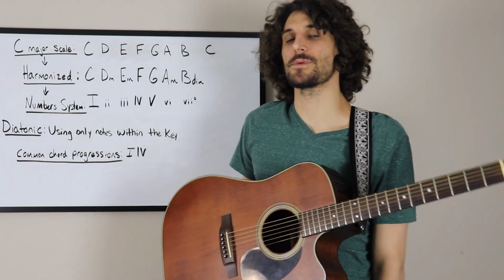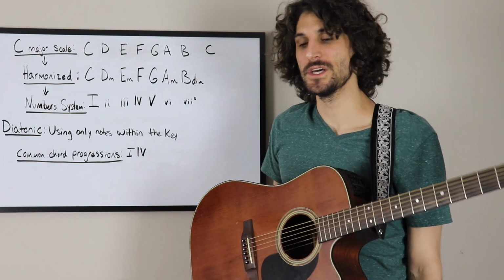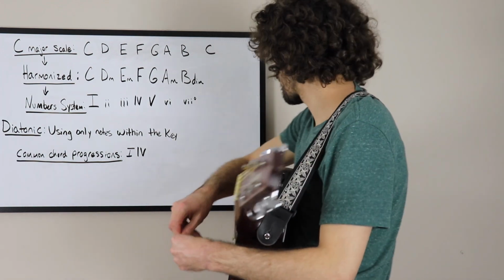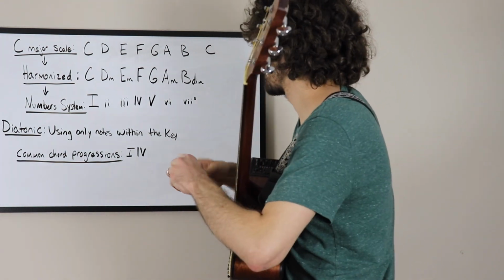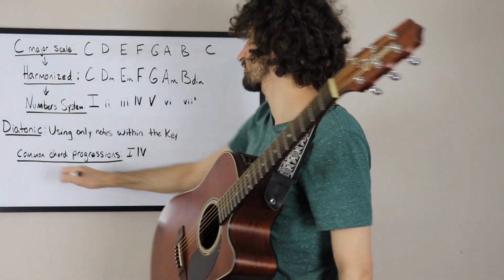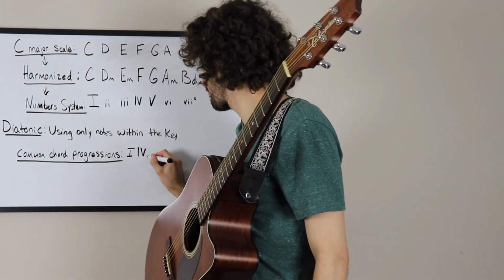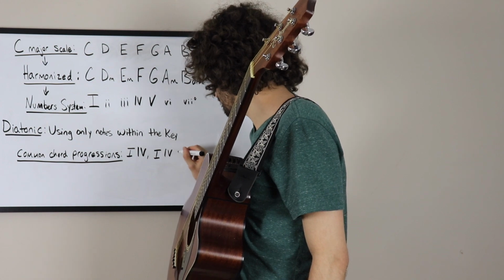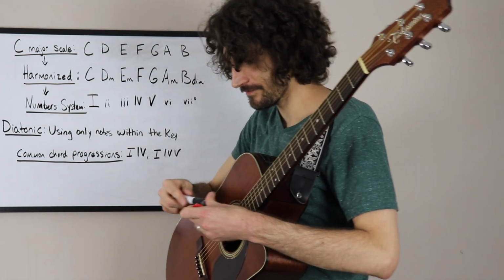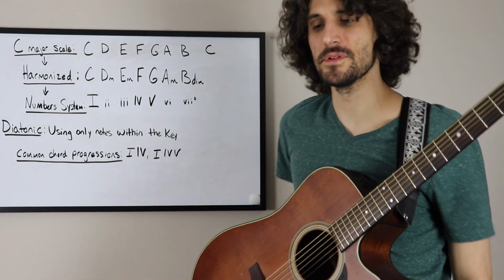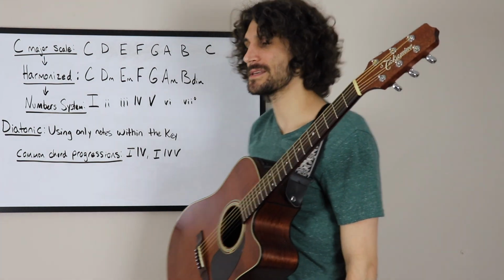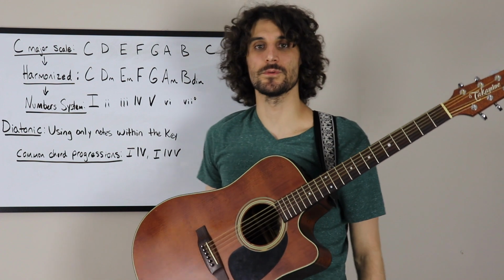Alright, so from there, we've got the chorus. And the chorus is probably the most common chord progression of all time. It is the 1-4-5. So I'm going to write that down. So our first common chord progression was the 1-4, and this is just adding one chord, the 1-4-5. And this is in everything from blues to pop to classical to jazz to basically any kind of music from any place in the world.